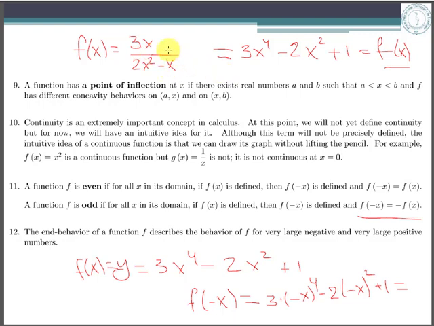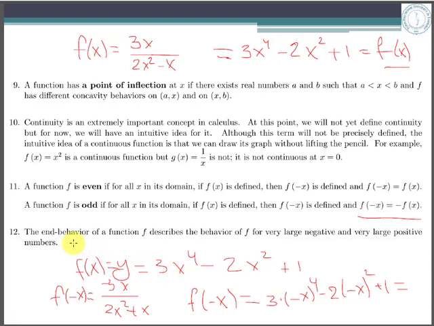If we put -x here, we get f(-x) equal to -3x over 2x^2 + x. This is not equal to f(x) or -f(x). So we can say this function is neither even nor odd.